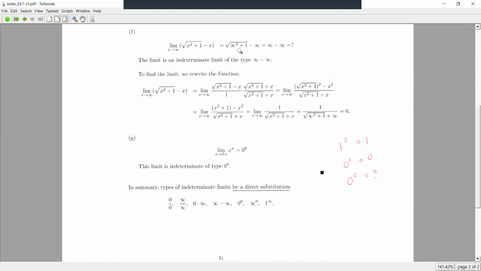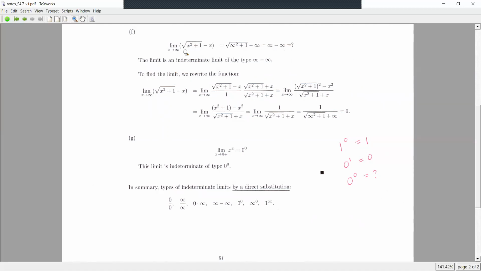Take square root of infinity, it is infinity. So we have infinity minus infinity. I cannot tell what that is. So direct substitution fails again. This is a difficult limit, cannot be determined by direct substitution. The book calls this limit an indeterminate limit of the type infinity minus infinity.